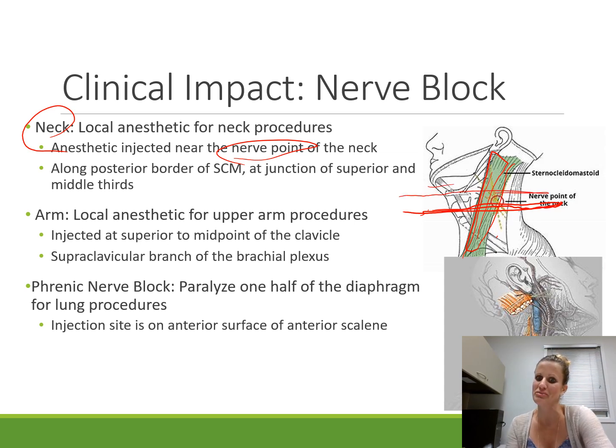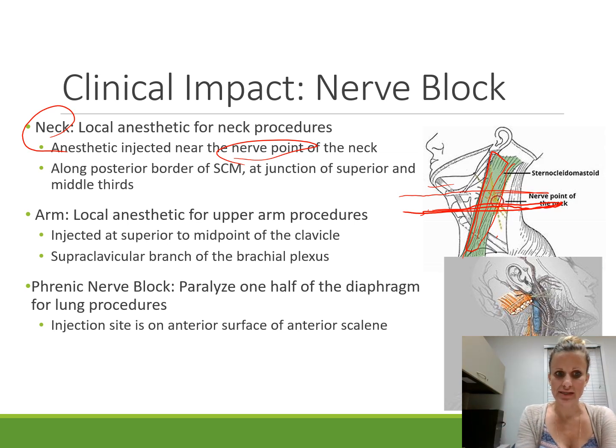And you can see the midpoints are right in the middle of those. So locating the sternocleidomastoid and going just behind around the midpoint or a little bit higher, that is where the nerve point is. And remember, from the nerve point, nerves fray off in all directions to go to all different regions of the neck and the scalp. So injecting a local anesthetic there is going to have a relatively wide effect with just one stick.